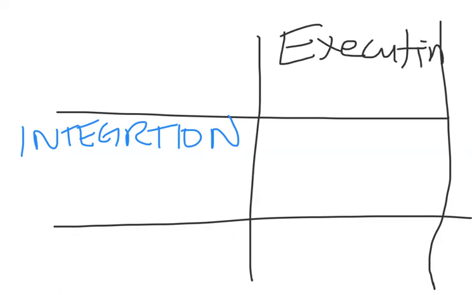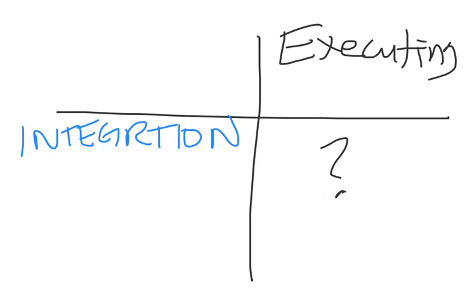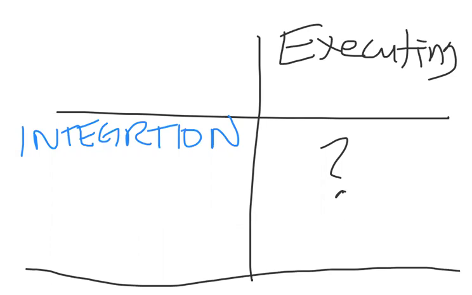Can you tell me when these two intersect, what do you get? When integration and executing intersect, what do you get? 5, 4, 3, 2, and 1. All right, this is gonna need a little bit more.